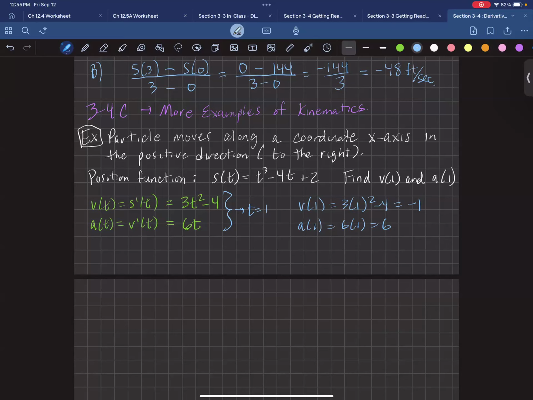So what is v of 1 telling us? v of 1 is negative, which means its velocity to the right is negative.